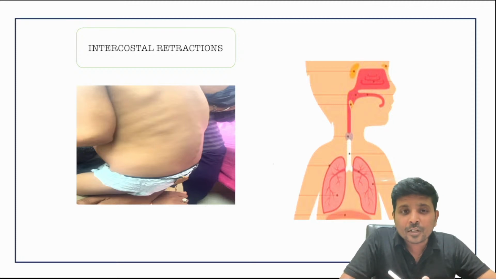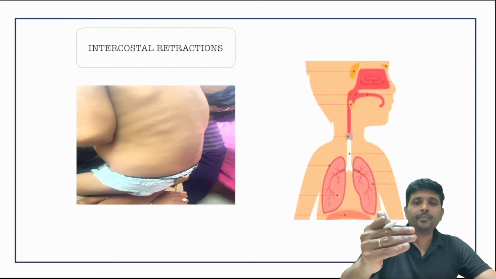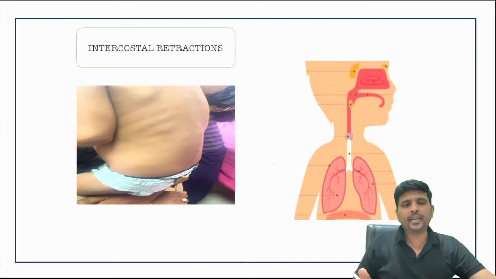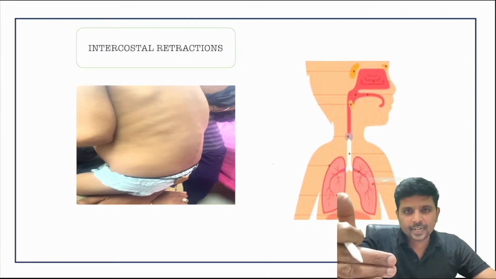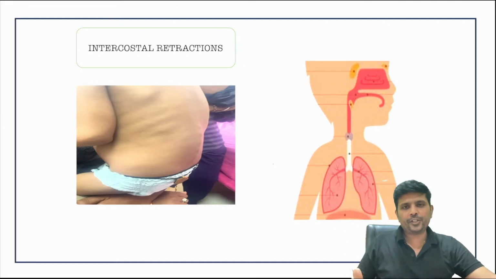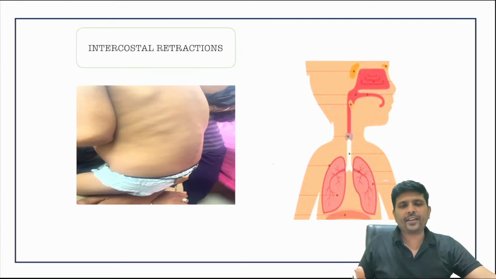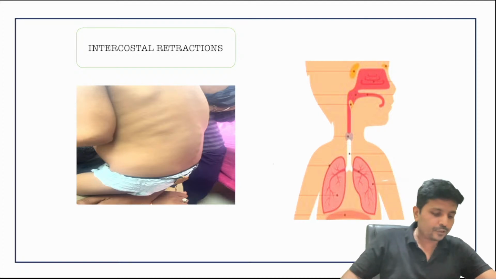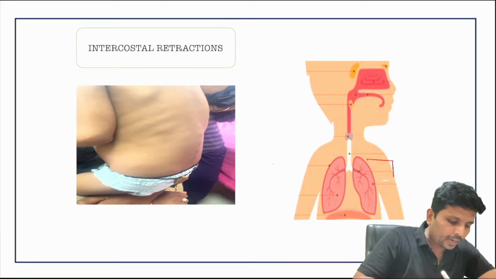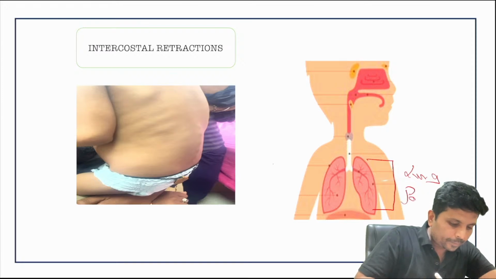Where is the pathology? Suprasternal means just behind that area, laryngomalacia. Sternal retractions means tracheomalacia. Subcostal retractions means expiratory airway obstruction, whereas intercostal retractions means the pathology is in the lung parenchyma.